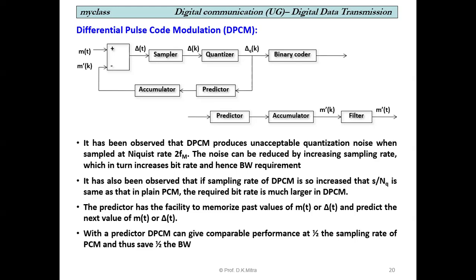So, though theoretically it is supposed to give less noise, practically it has been found that if you want to really attain noiseless transmission of DPCM, then you need much larger bandwidth than theoretical calculation.